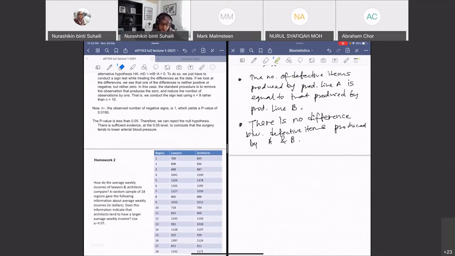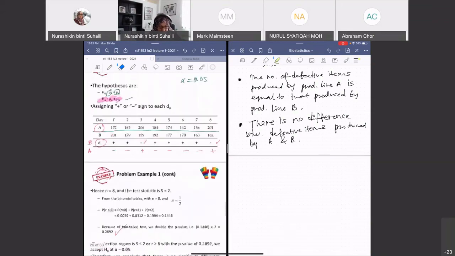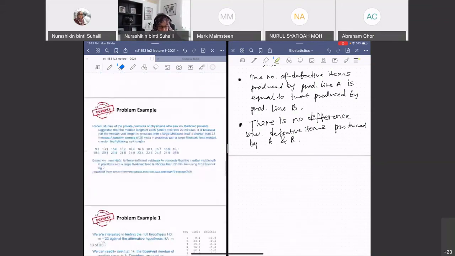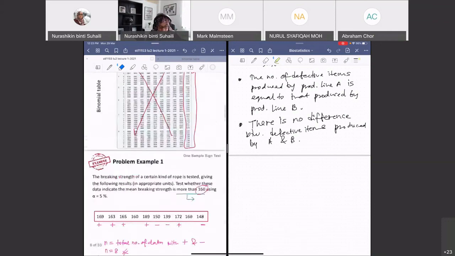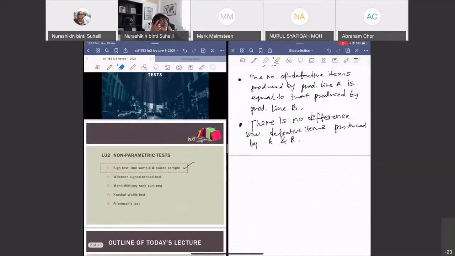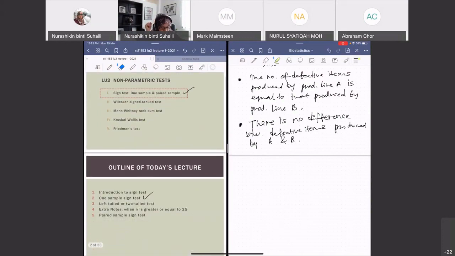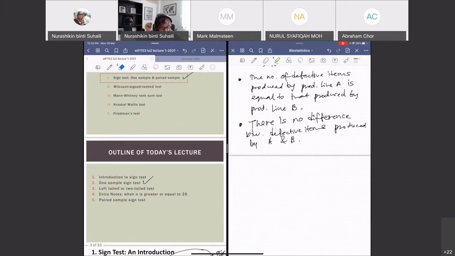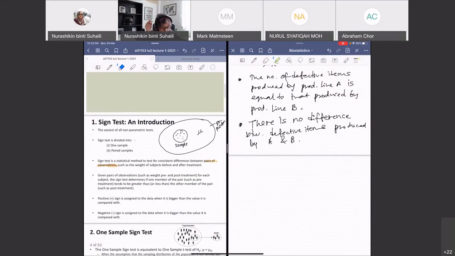Okay, so that's it for today. Basically we have covered sign tests, which is one of the non-parametric tests. It's not the only one; there are many tests that you're going to cover. The basic thing to understand is that statistical tests in general are about making comparisons.